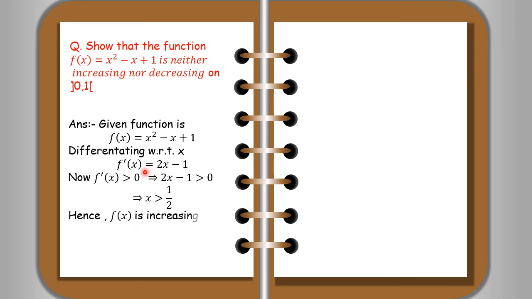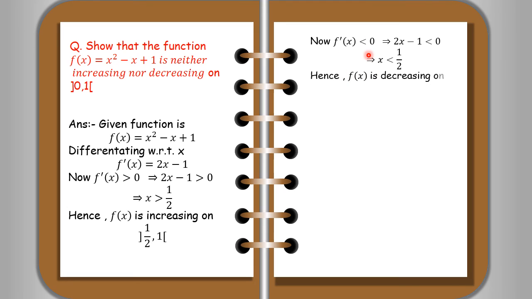That means in this open interval 0 to 1, if the value of x is greater than half, the function is increasing. That means in the open interval half to 1, the function is increasing. In a similar manner, if f dash x is less than 0, the range of x is from 0 to half, and in this open interval the function is decreasing.